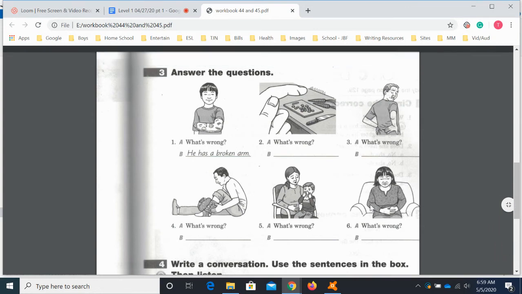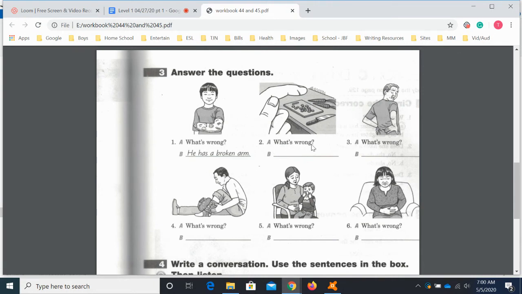Like if you ask someone, what's wrong, and you can see what's wrong with them in the picture. What's wrong? The answer, he has a broken arm.